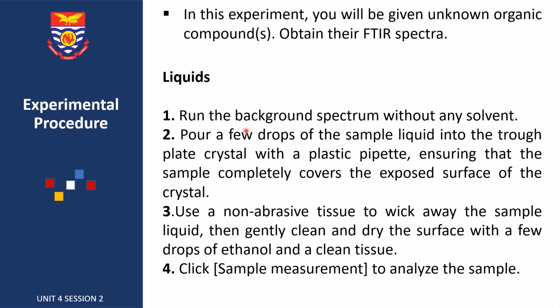You pour a few drops of your sample liquid into the crystal plate. That is the cell we've been talking about, and then you use a non-adhesive tissue to clean it if there are any spills, and you dry the surface with a few drops of ethanol on a clean tissue. Then you click sample measurement.